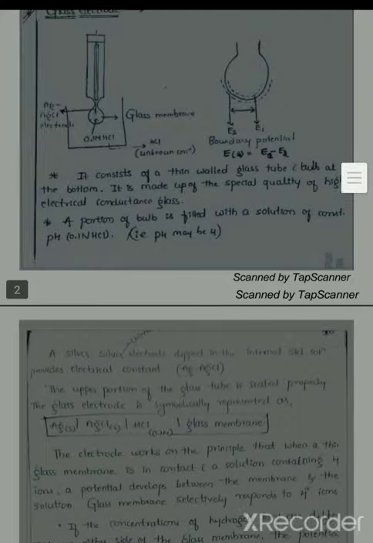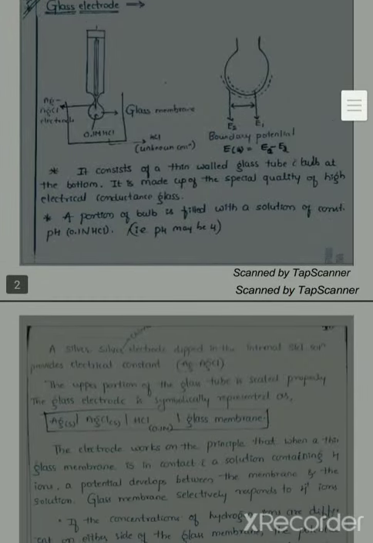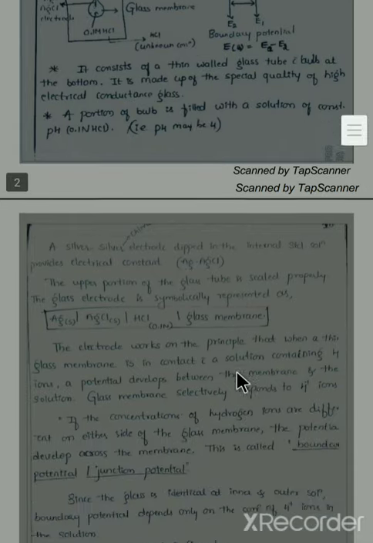When this is asked in the exam, you have to write stepwise. In the first step you have to draw the diagram and label the parts and write the construction: the glass bulb, the buffer solution with known pH, and the silver chloride electrode. Mention all those things, then write the representation of the cell and then come to the potential.